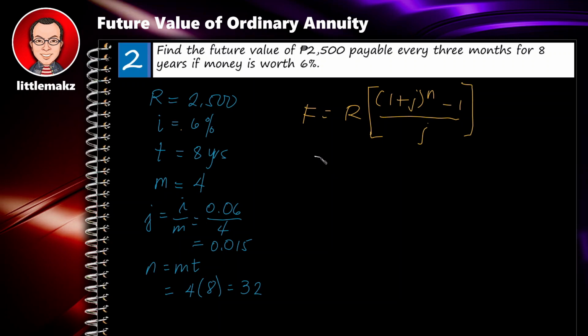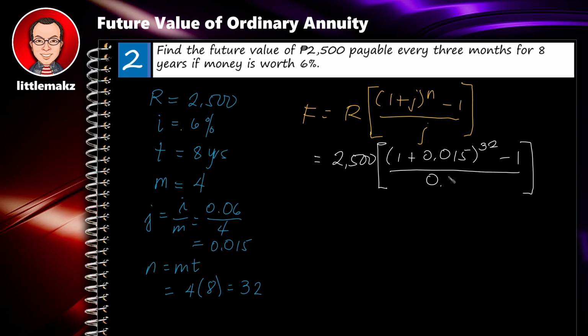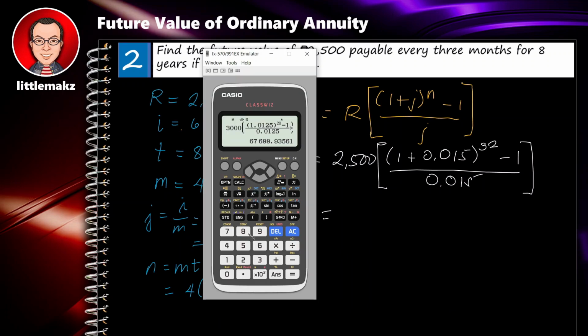Then we multiply this by 1 plus J. Our J is 0.015 raised to the power of N. It's 32 minus 1. Let's go ahead and write the denominator 0.015, and we may have this input on your calculator.